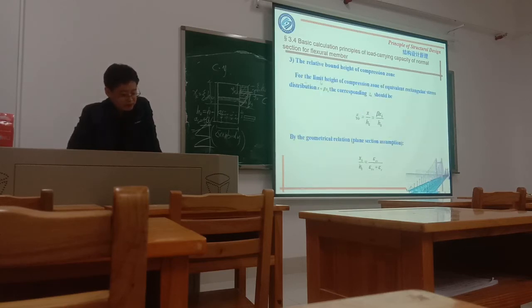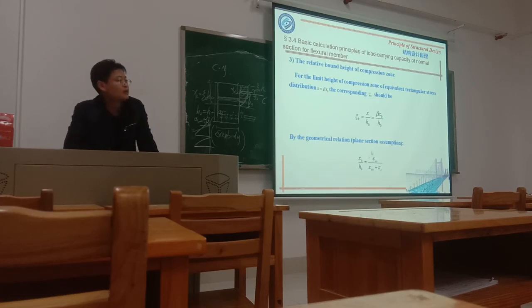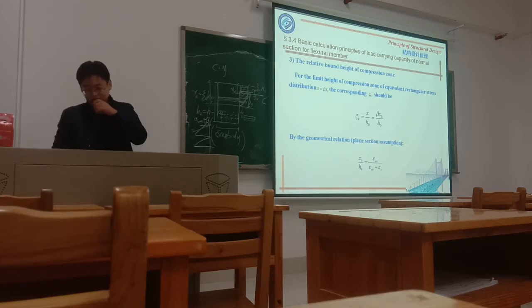For the limit height of the compression zone of the equivalent rectangular stress distribution, ξB should be XB divided by H0, and we use this value. And by the geometric relation, okay, a break.